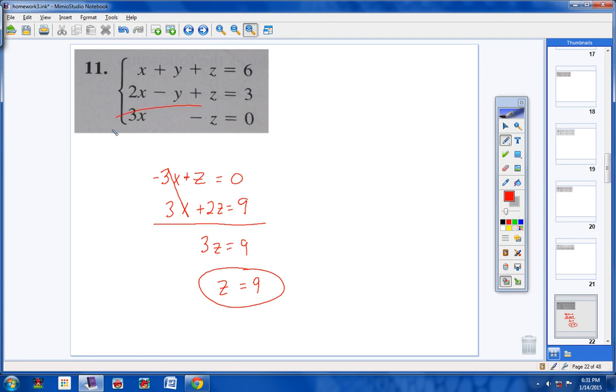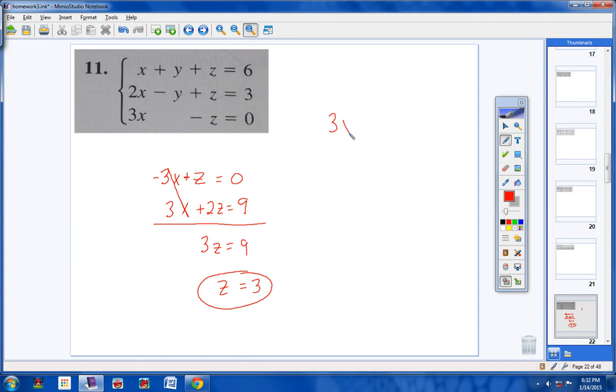It doesn't matter if you use this equation here or this one. It really doesn't matter, okay? I'm going to use this one right here because it's really plain, easy to see. So 3x minus 3 equals 0. Bring your negative 3 over and make it positive. And actually, I made a mistake. I'm sorry, guys. Z would equal 3. There we go.